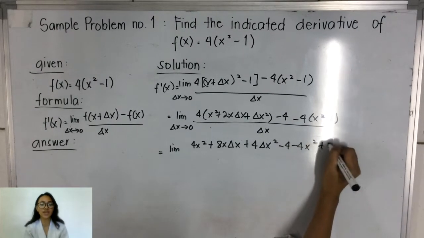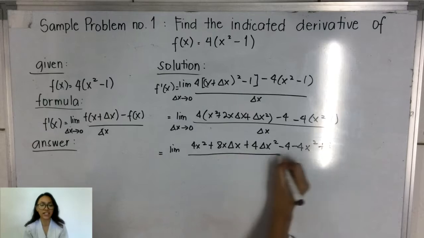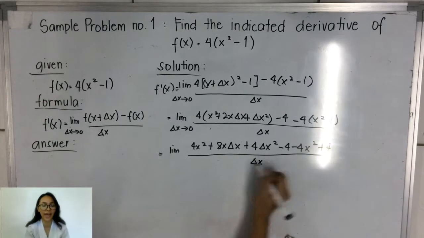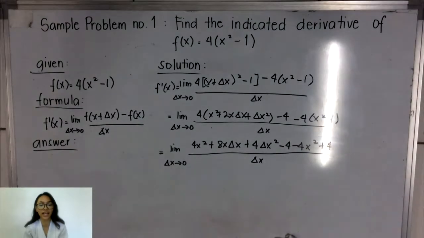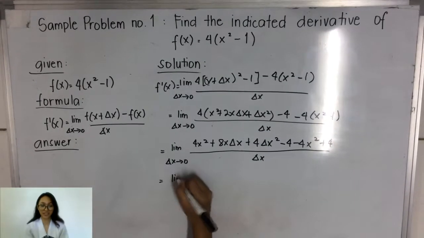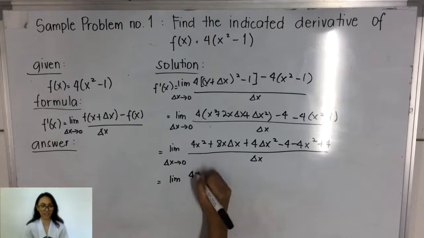Now, we have here f prime of x is equal to the limit of 4x squared plus 8x delta x plus 4 delta x squared minus 4 minus 4x squared plus 4 over delta x as delta x approaches 0. After this, we will combine like terms.